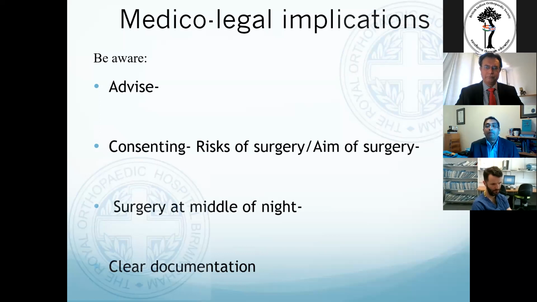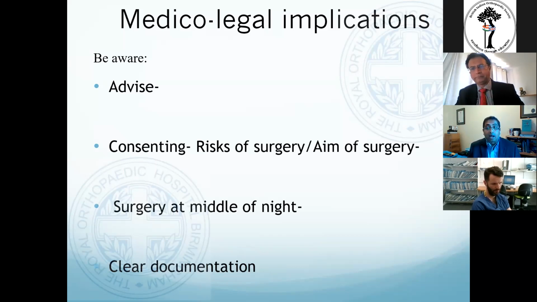We have a discussion with the patient and describe the risks of surgery, and also, most importantly, what you are trying to achieve with the surgery. The goal of the surgery is to preserve function. So there might be some deterioration, there might be some improvement of the symptoms, but the main goal is to preserve whatever function they have at the moment.